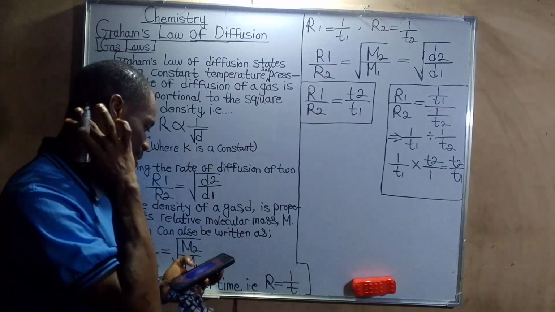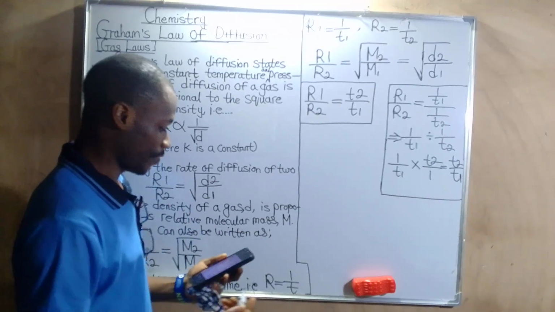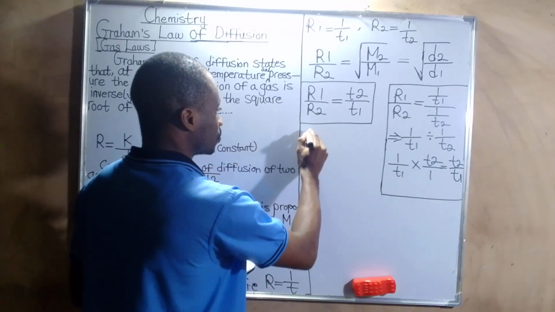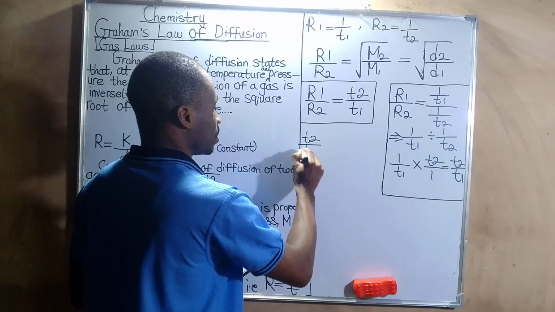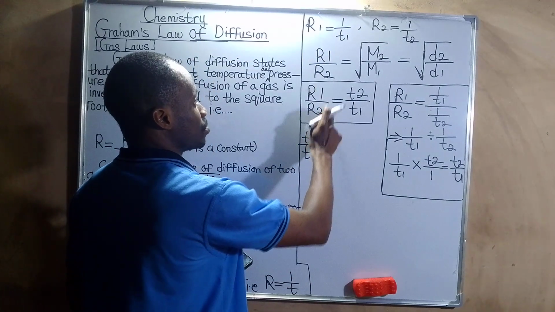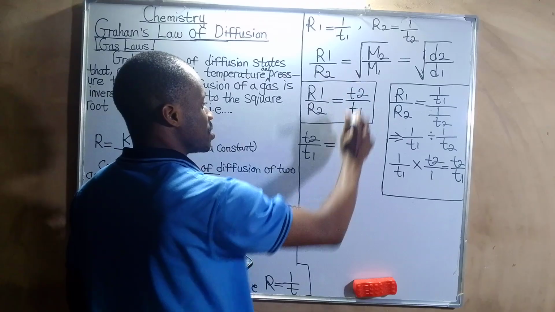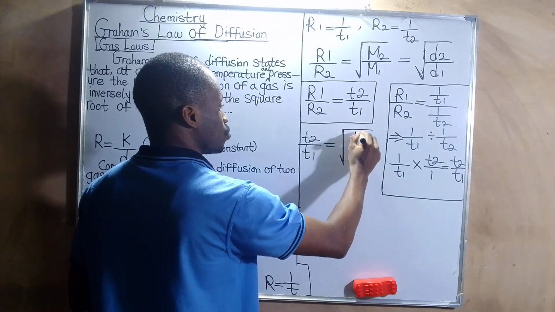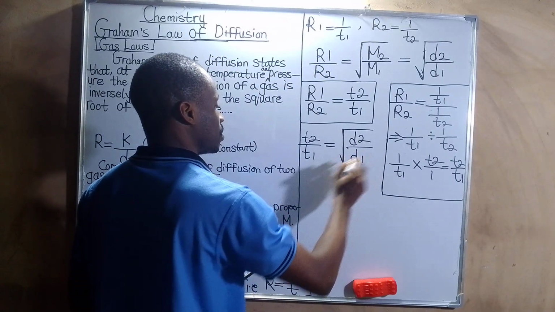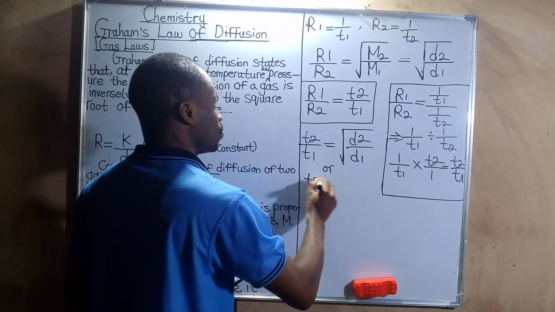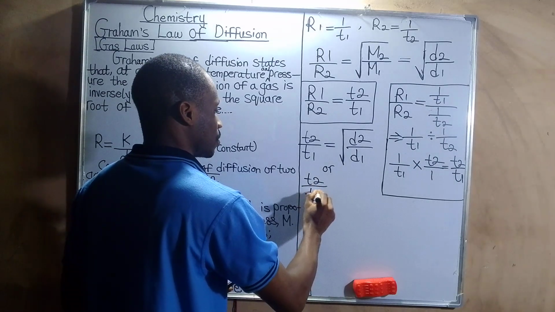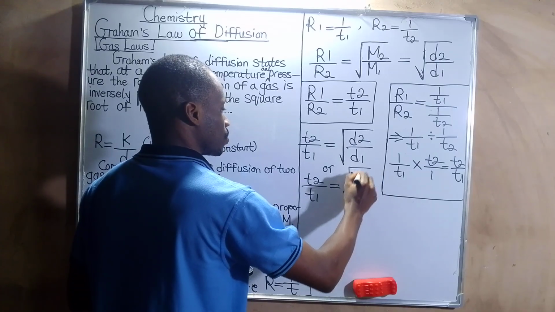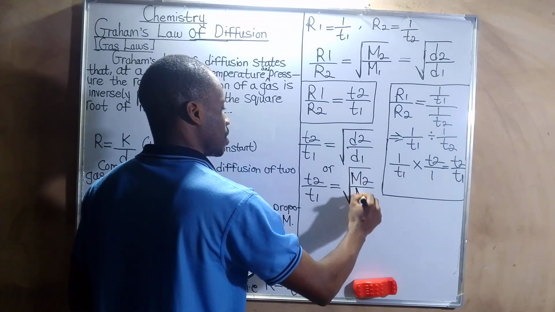So definitely I can also now put my formula this way. Can I say T2 all over T1, that is R1 over R2, which is equal to M2 over M1, is still equal to all in square root D2 over D1, or T2 over T1 is still equal to all in square root M2 over M1.